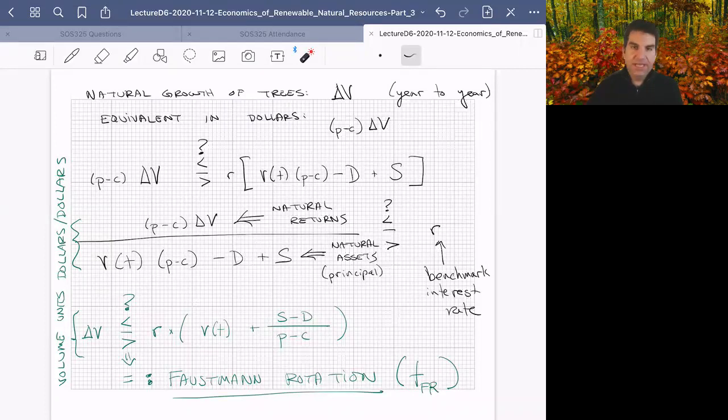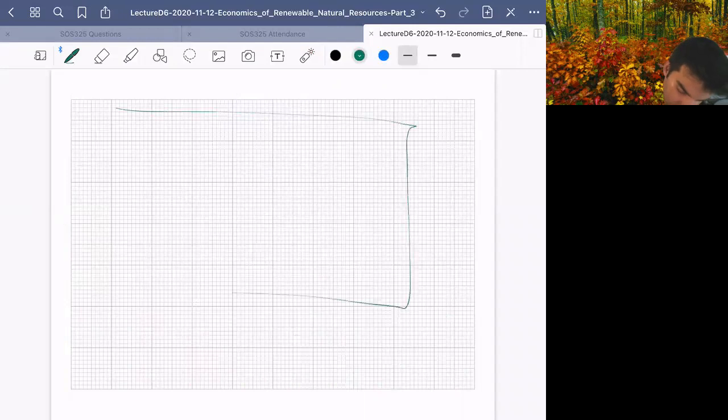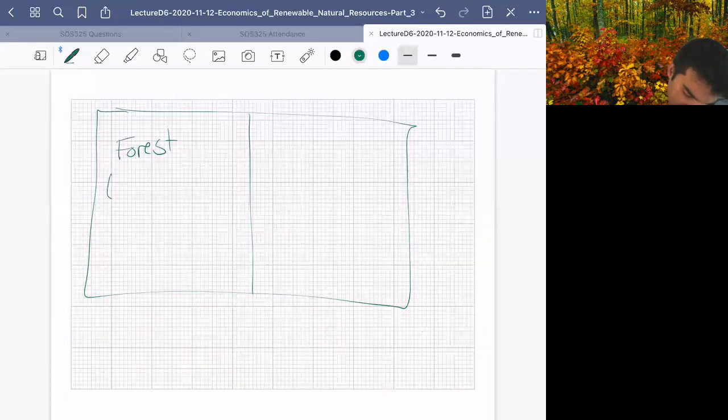So if someone is asking what's the ecological impact of putting a shopping mall in this particular area of a city? If I picture a map, I've got a forest over here that will be harvested, it's a harvested woodlot.